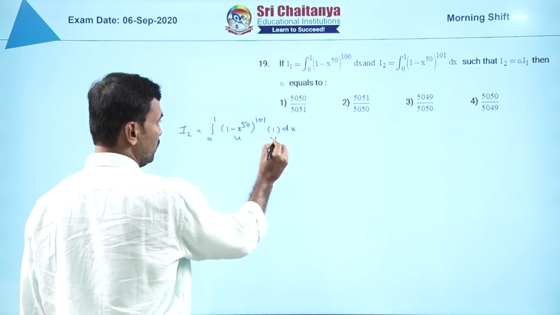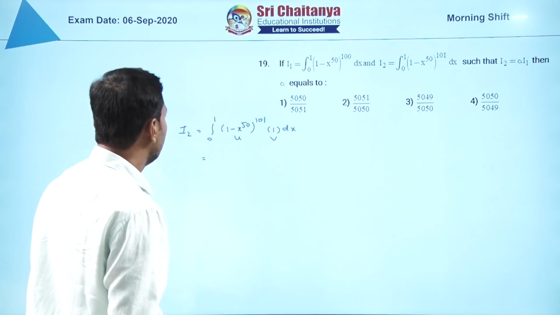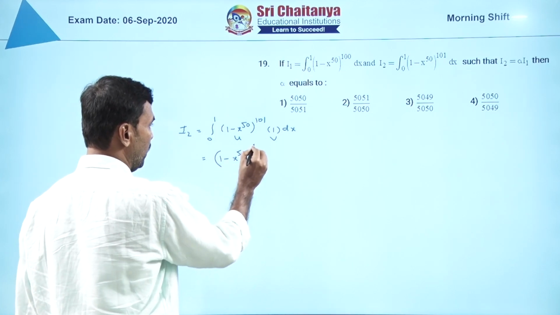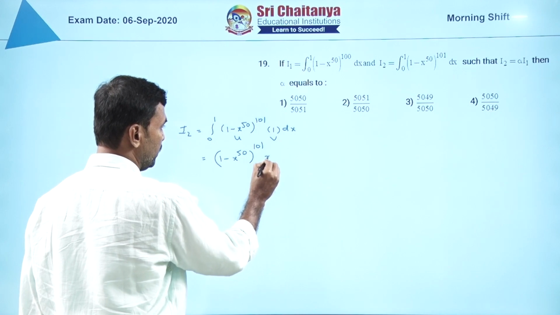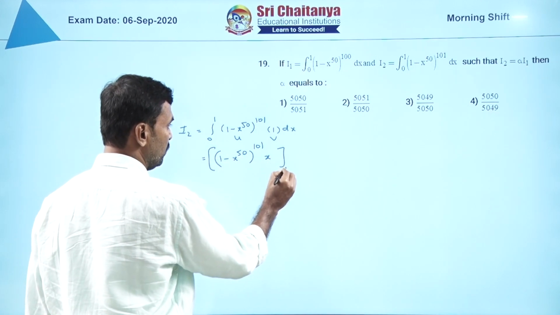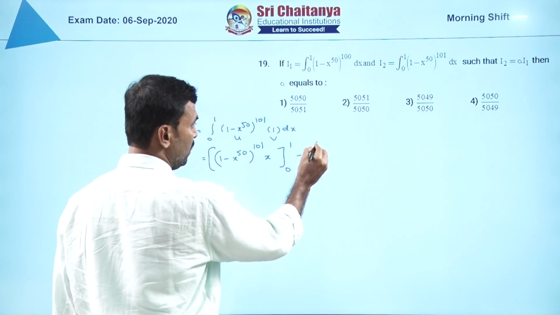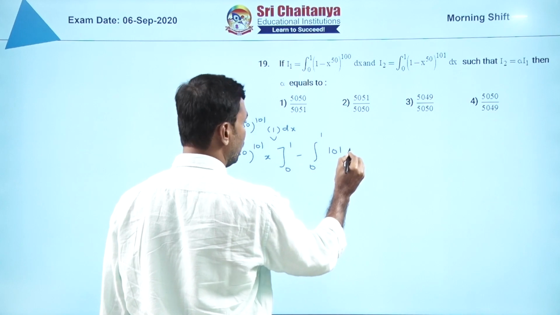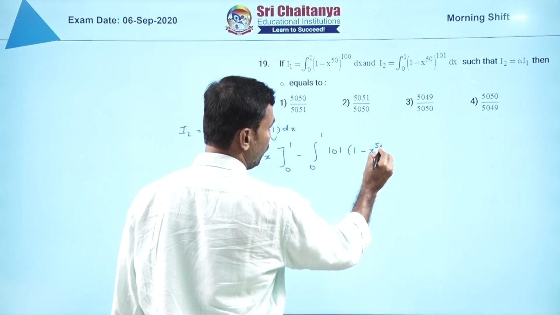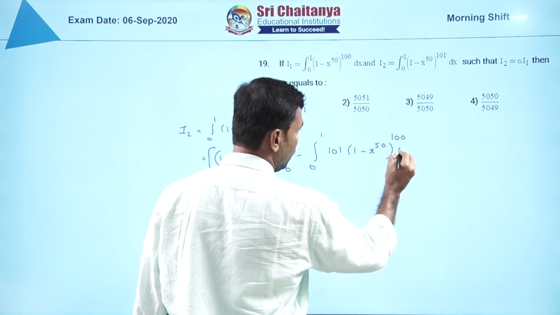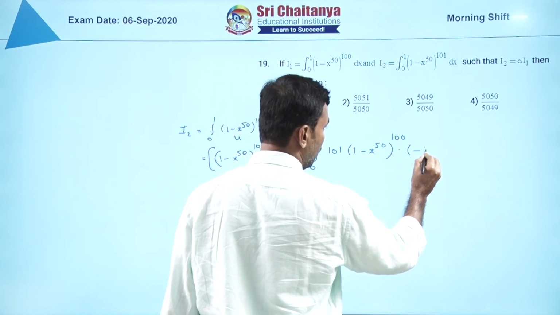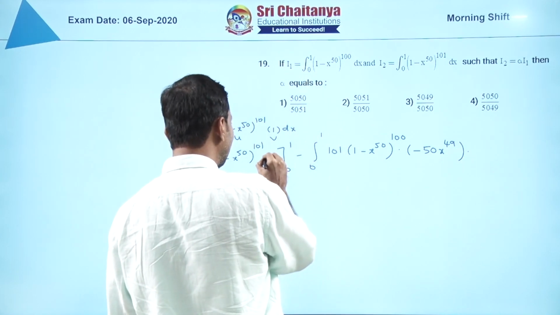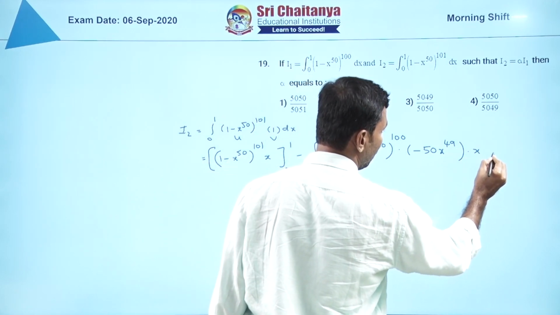This is the first function and this is the second function. It equals first function (1 minus x power 50) whole power 101 into integral of 1 dx, which is x, between the limits 0 to 1, minus integral 0 to 1 of the derivative of the first function, 101 into (1 minus x power 50) whole power 100, into the derivative of the inner function, minus 50 x power 49, into the integral of 1 dx, which is x, dx.